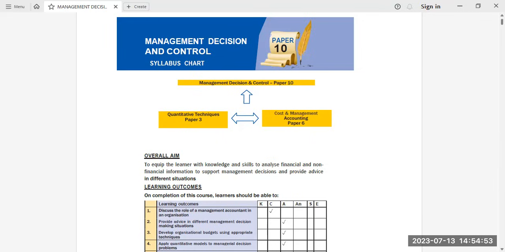So we are going to be needing the knowledge we got from quantitative techniques, mainly I will be terming it as QT, and the cost and management accounting that we covered at level 1. For those who actually need some refresher on the cost and management accounting, we have a playlist there.